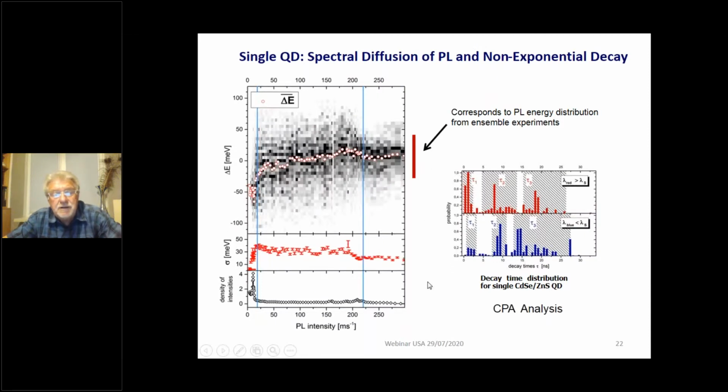Even when we investigated single quantum dots, we found that their photoluminescence decay is not mono-exponential. It means that even for a single quantum dot, we have the formation of dynamic trap states, the number and position of which depend on the solvent polarity.